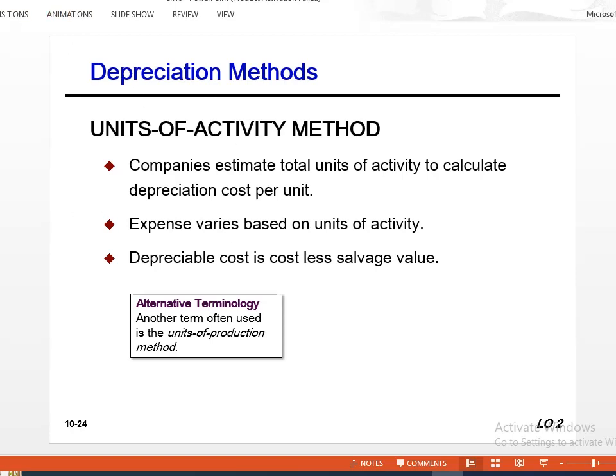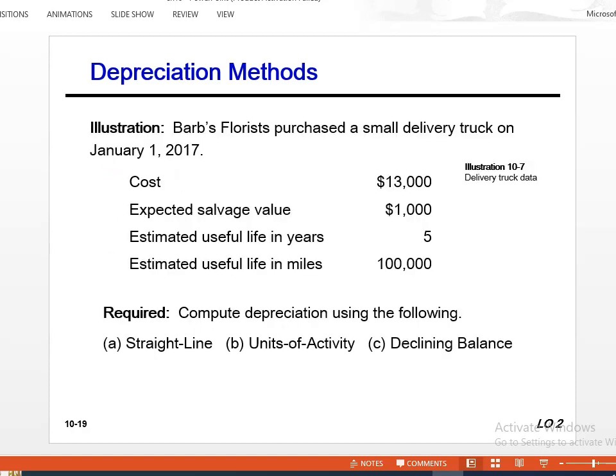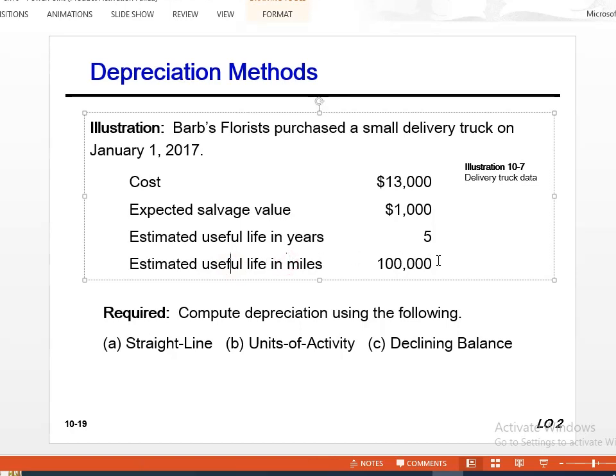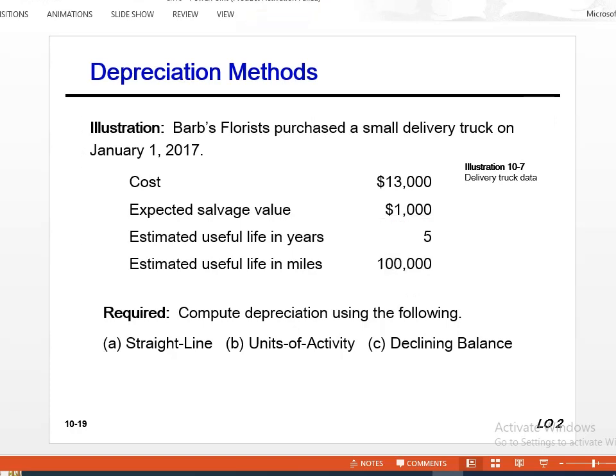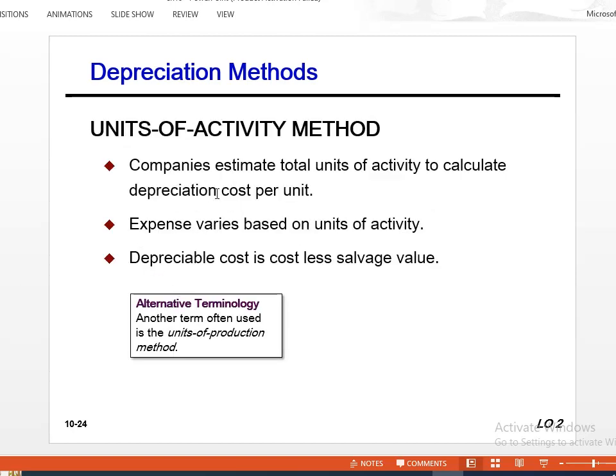The data set which we have already has the total unit of activity. Can you see? The estimated useful life in miles means the total miles this truck can travel, that is 100,000. So this is what we need for the calculation of depreciation under the unit of activity method. Companies estimate total unit of activity to calculate the depreciation cost per unit.